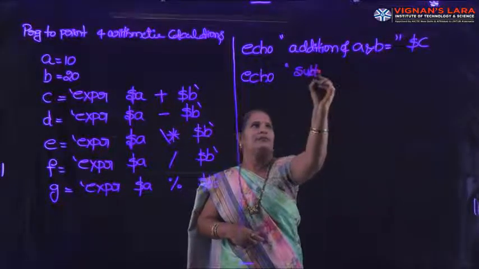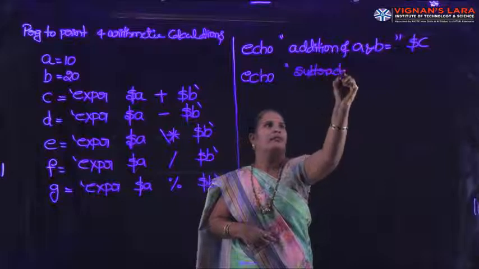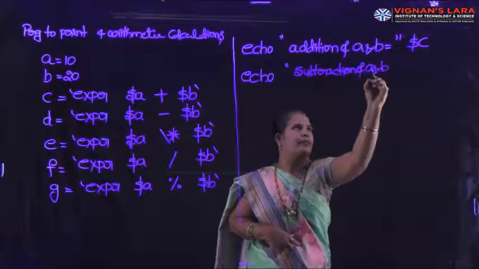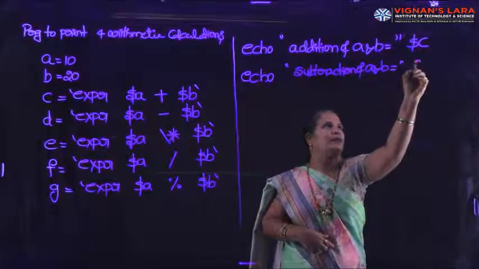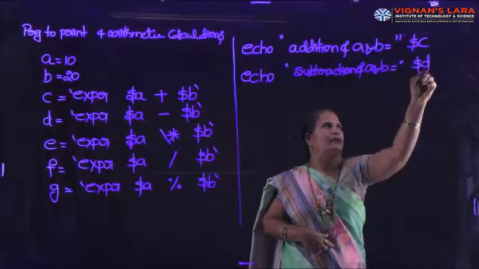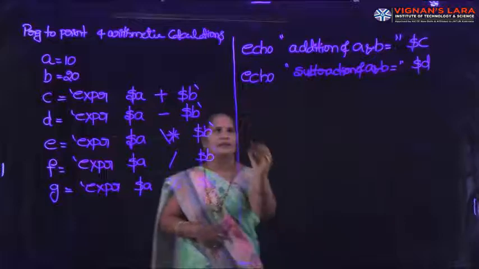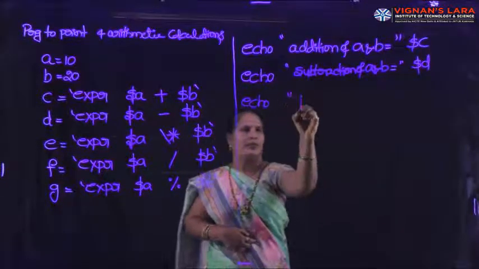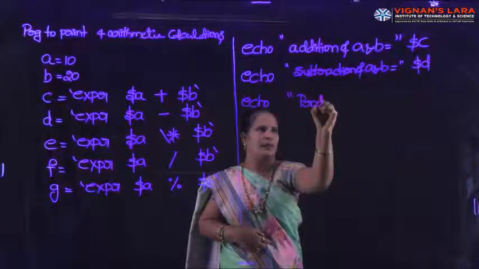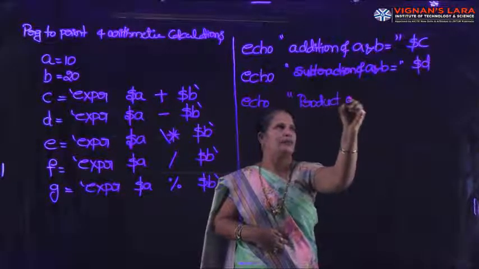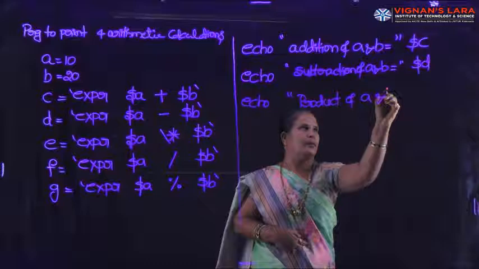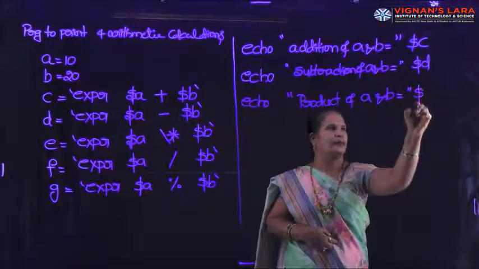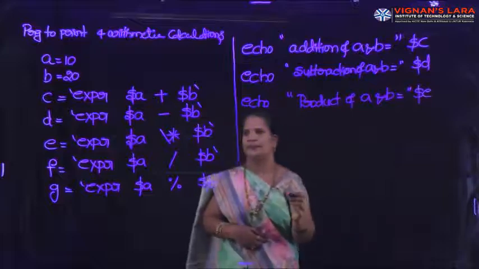Subtraction of A and B is equals to $D. Next, echo space product of A and B. Product of A and B is equals to $E.